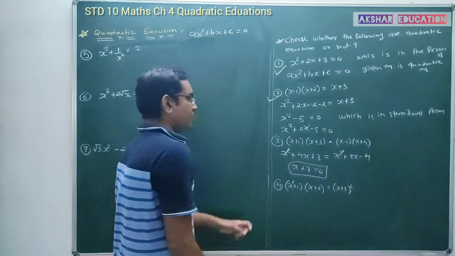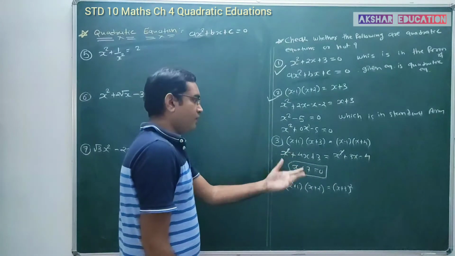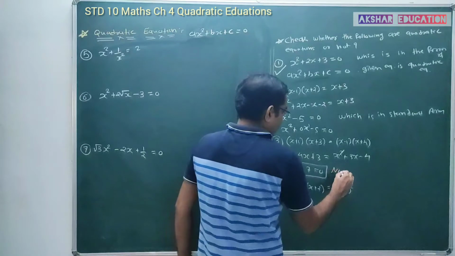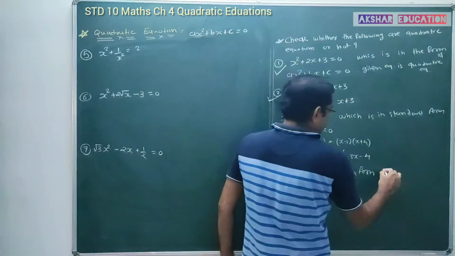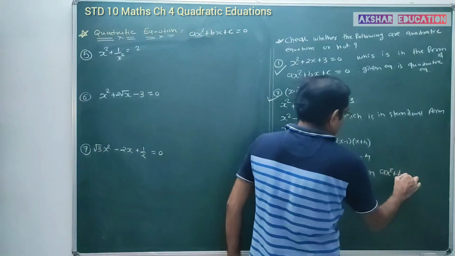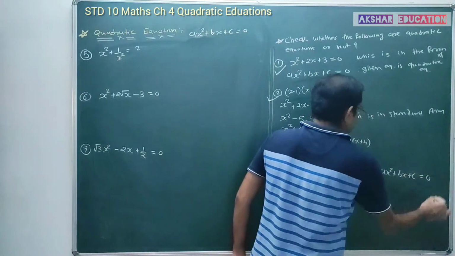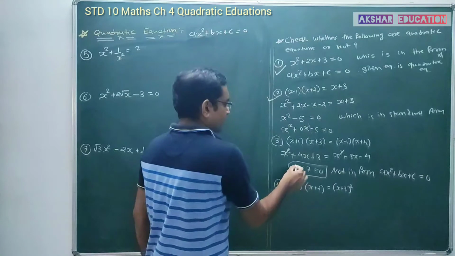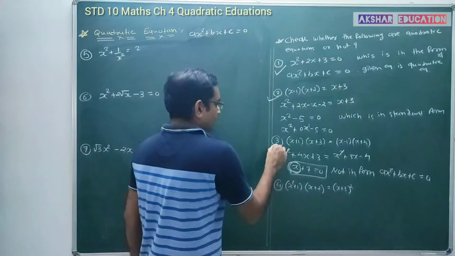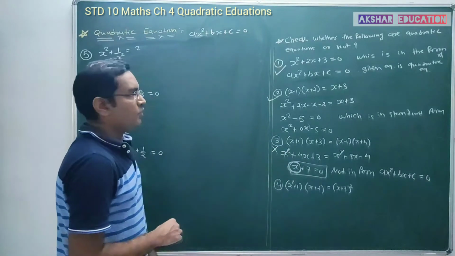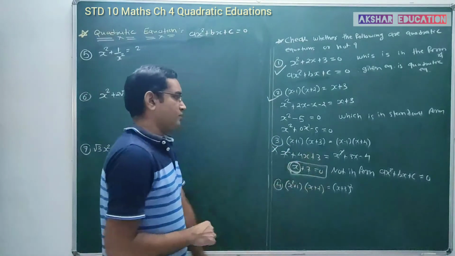Here in the given equation, the maximum power of variable x is only 1, which is not in the standard form of a quadratic equation, ax square plus bx plus c equal to 0. The term with power 2 is missing. So we can say that the given equation is not a quadratic equation, it's a linear equation.